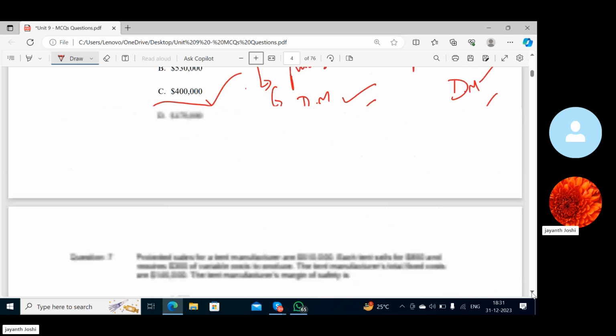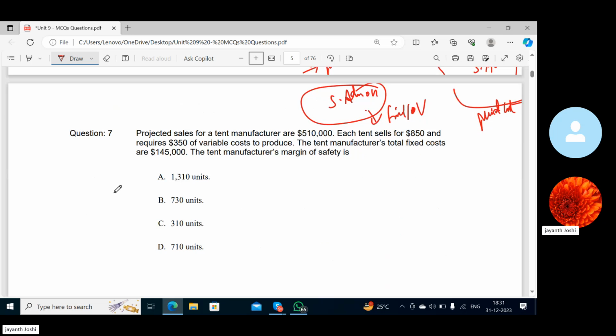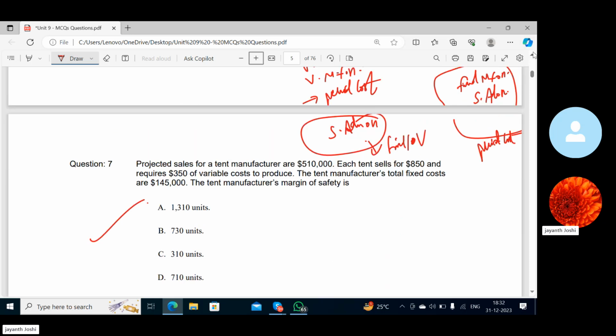Shall we move forward? Do this question. Margin of safety. Budgeted sales minus break even sales is equal to margin of safety.